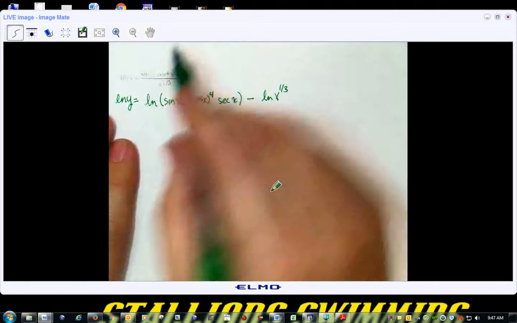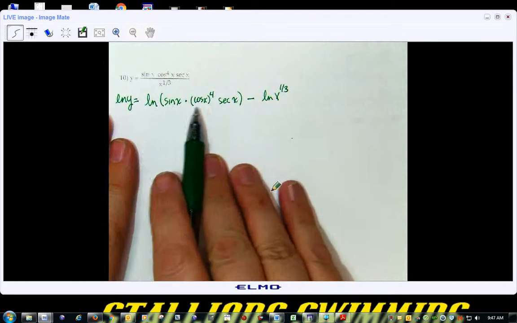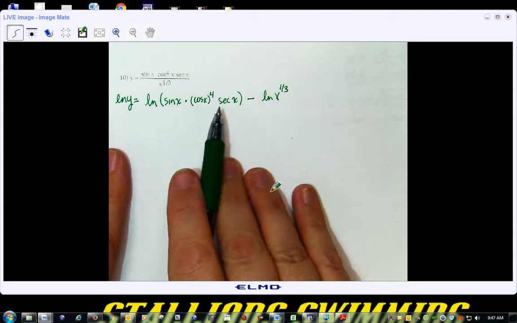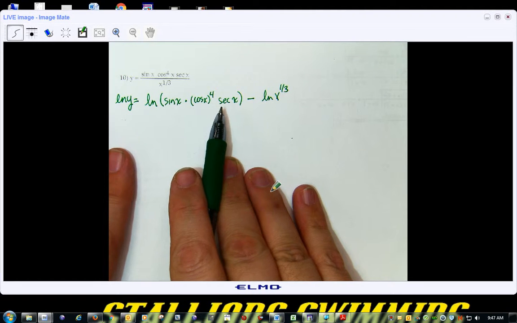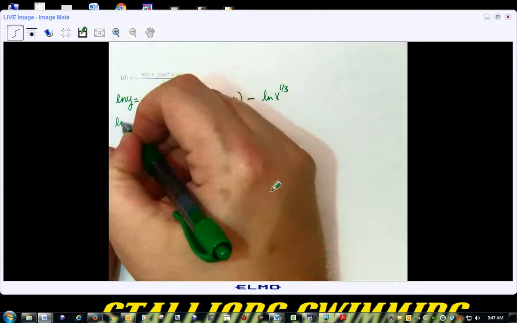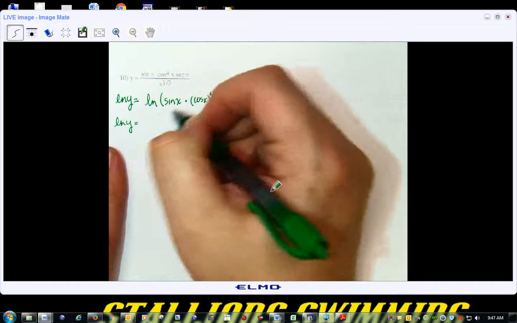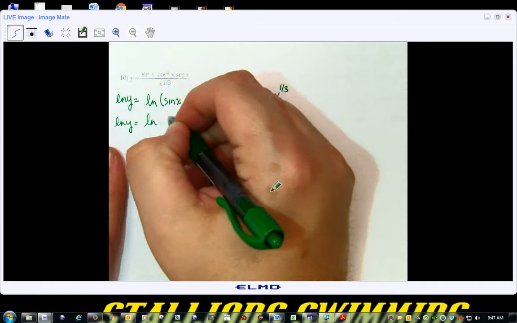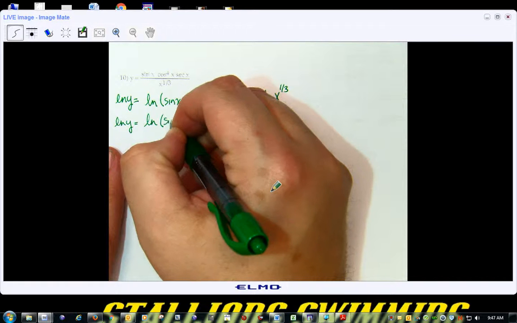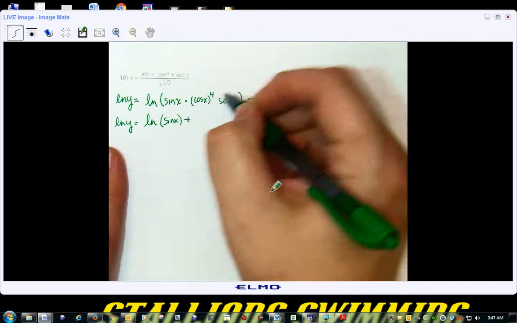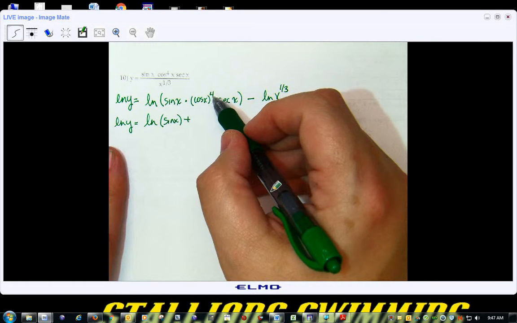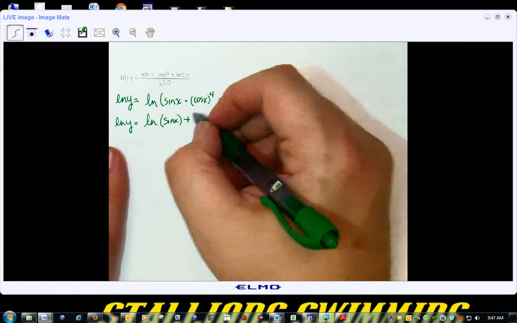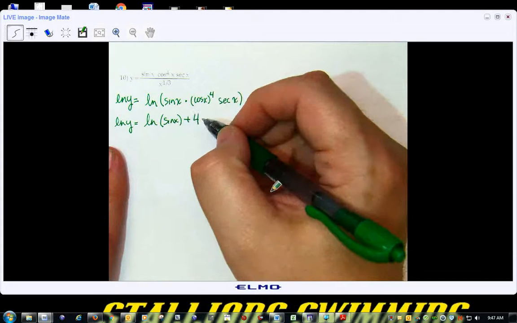Now, keep on expanding out the natural logs here. Since I have 3 multiplications here, what do I do? Add or subtract them? Add. So I'm getting natural log of y is the natural log of the sine of x plus, with the power, what do I do with the power? Put it out front in front of the natural log.